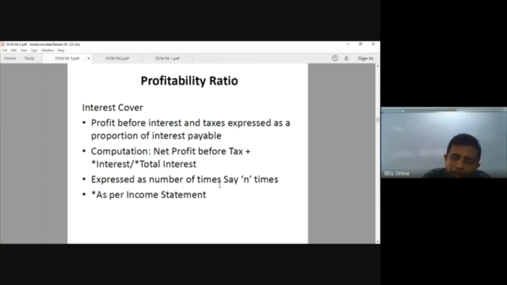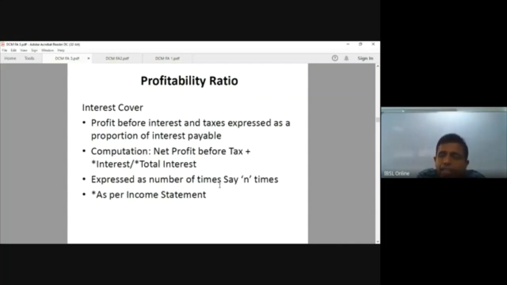We'll take an example. You have an interest expense of 50, and you have a profit before tax of 500.